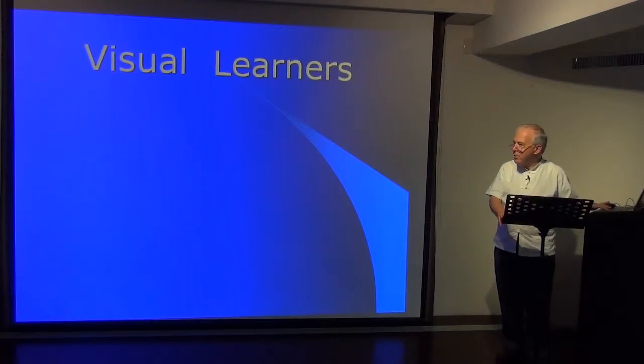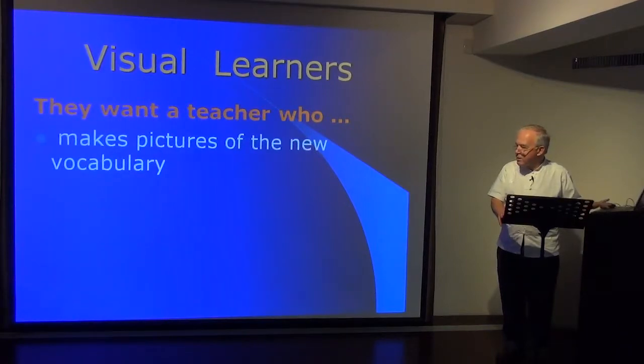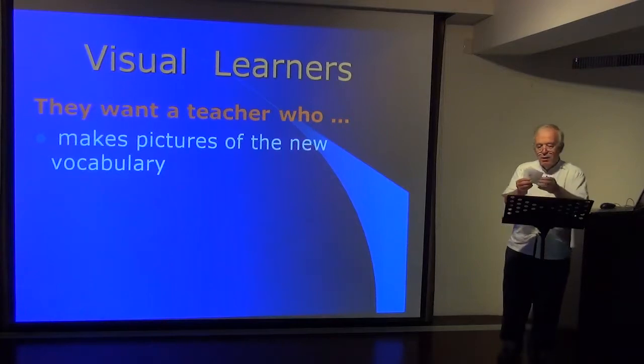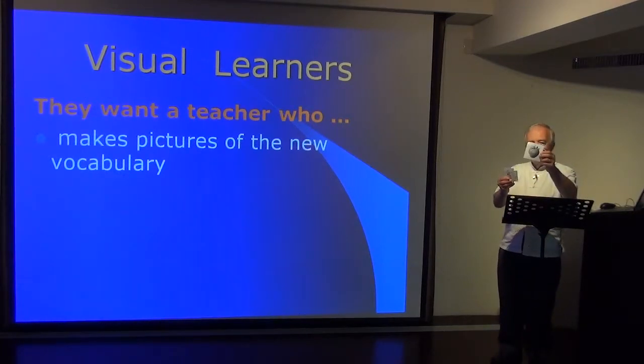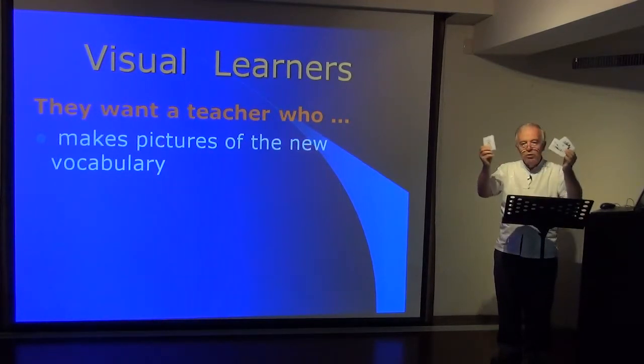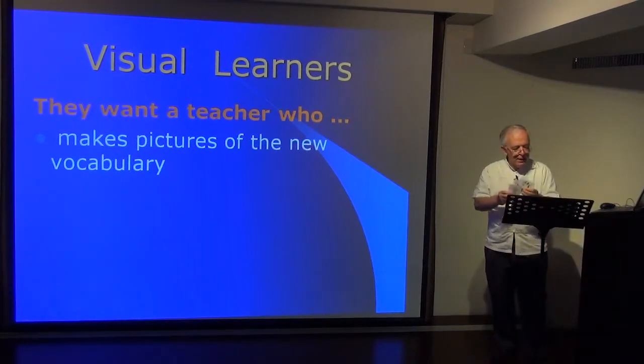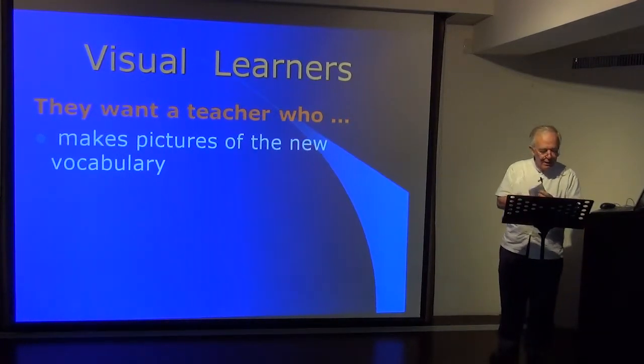Well, all right, let's come back to the visual learners. They want a teacher who makes pictures of the new vocabulary, the picture on one side and the Chinese on the other. Okay? And there's a different lecture on how to use these, how to play with them in class.